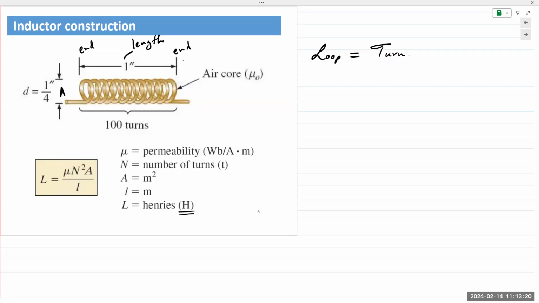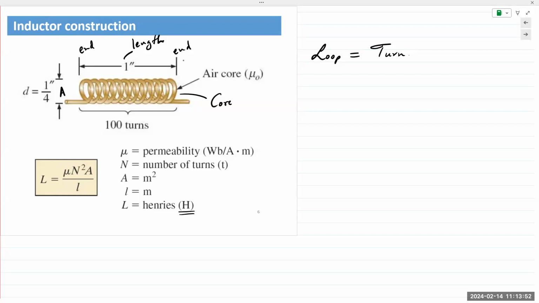So the empty space inside a spiral coil is known as the core of that inductor, the core of the spiral. If you insert a magnetic material which has high permeability, that enhances the magnetic field strength, because the high permeability allows the magnetic flux lines to be established with ease.